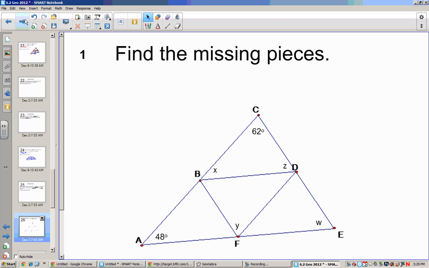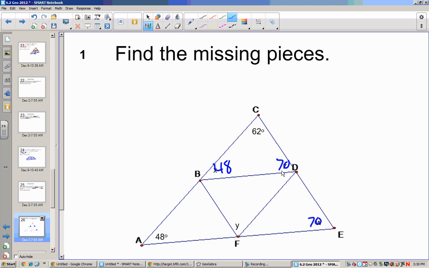So now let's do some problems. Let's find the missing pieces. If I have 62 and 48, what makes the third angle in this big triangle W? That adds up to 110, so W has to be 70. Now this triangle is going to be the same as this triangle, so this is going to be 70. And this triangle is the same as this one, so this one has to be 48.